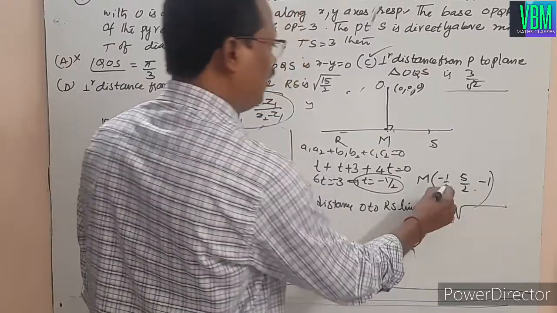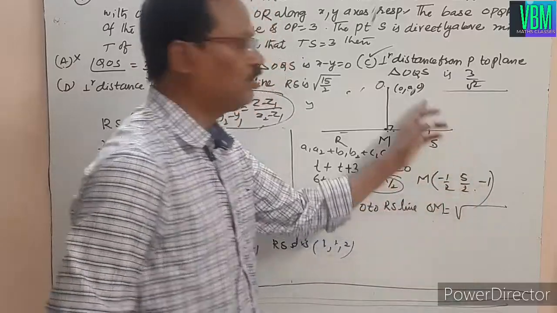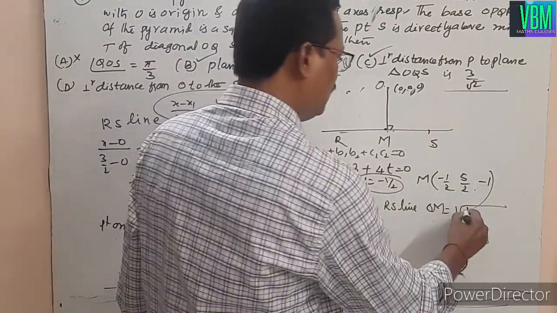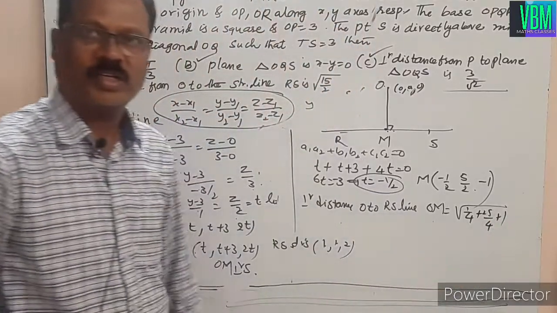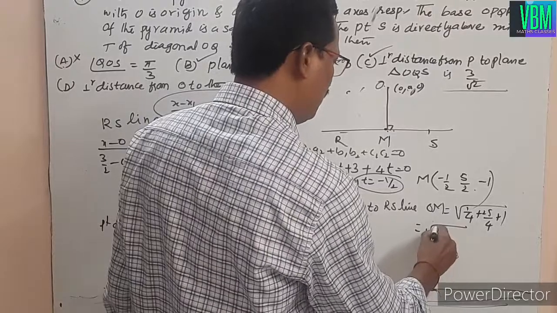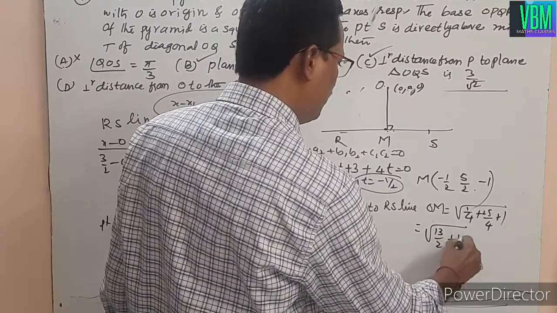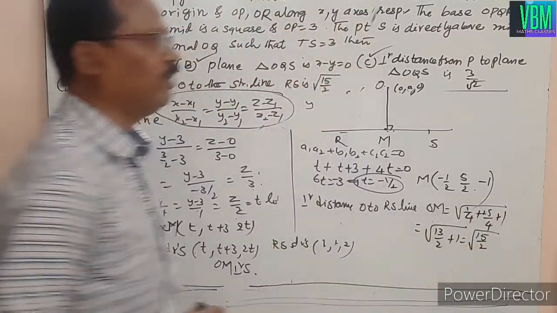OM is the square root of x2 minus x1 whole square plus y2 minus y1 whole square plus z2 minus z1 whole square. That is 1 by 4 plus 25 by 4 plus 1. Therefore, 13 by 2 plus 1, so under root of 15 by 2.